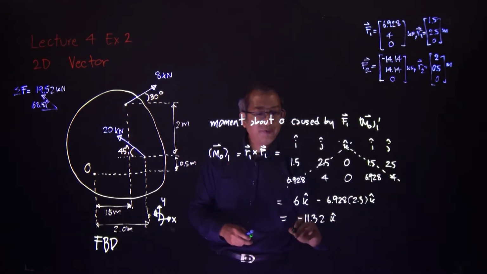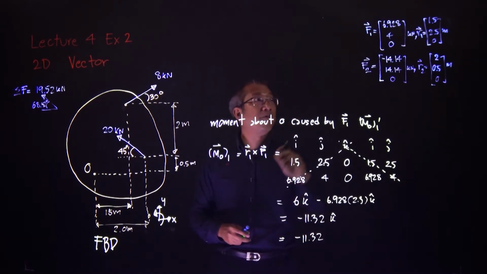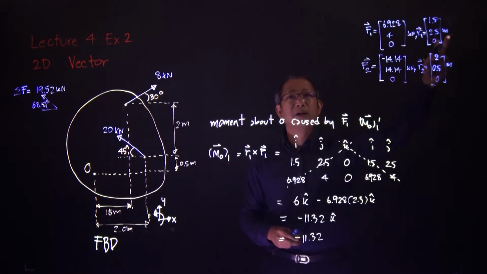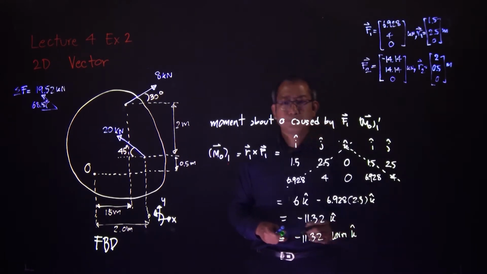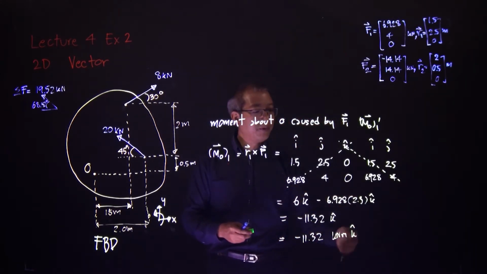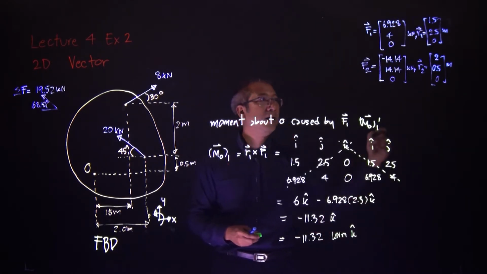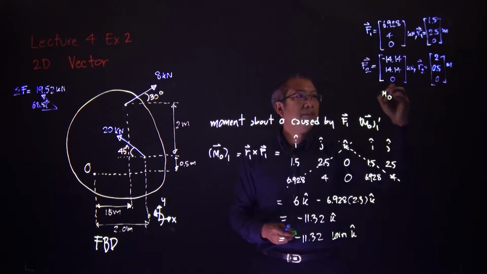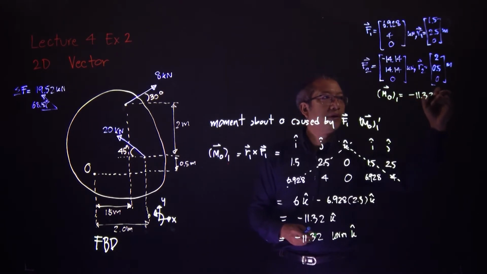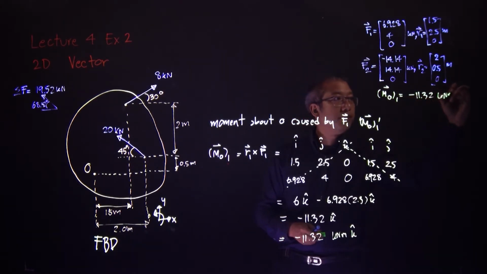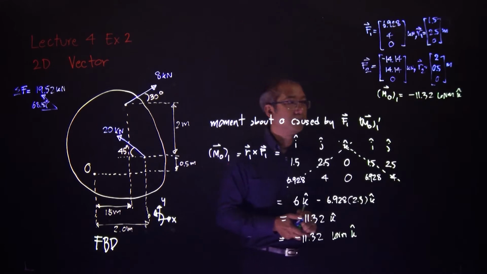The unit of all force is kilonewton, of distance is meter. Therefore, the unit here is kilonewton meter k. You can put it in the vector form you want, 0, 0, minus 11.32. But for the note, I think this is enough. So I will make note here, MO1 is equal to minus 11.32 kilonewton meter in the z direction, around z axis I should say.